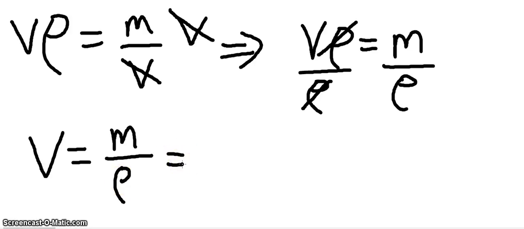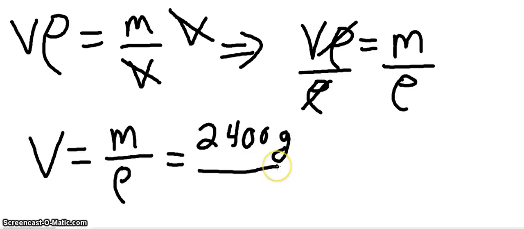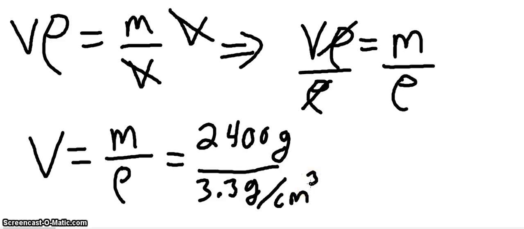You can either put 2.4 times 10 to the third or 2400. I'm just going to put the 2400. 2400 grams divided by, and I believe our density was 3.3 grams per cubic centimeter. Let's take a look at the units for a second.